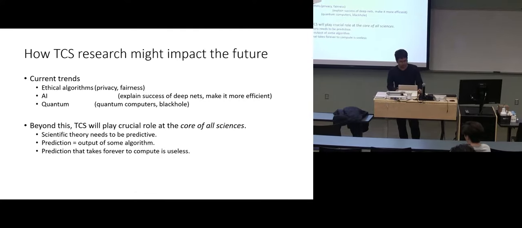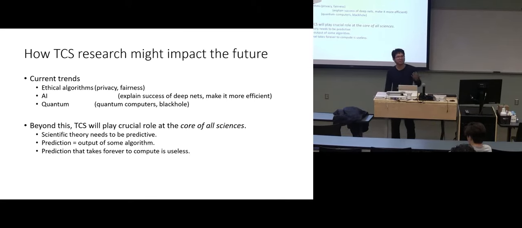But beyond some trending stuff, I really think that TCS or algorithm design can play a crucial role at the core of other scientific disciplines. Why? Scientific theory needs to be predictive. And what is prediction?